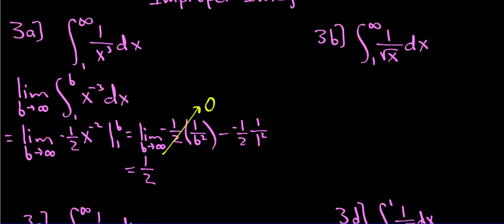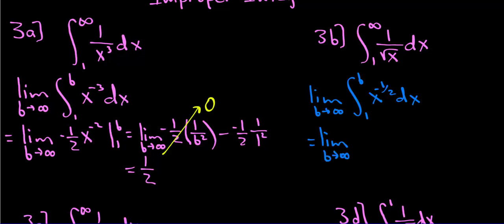Okay, now on this other one, here's what we've got. We've got the limit as b goes to infinity, 1 to b, x to the negative 1/2. And if you get the antiderivative, you've got the limit as b goes to infinity of 2x to the 1/2 from 1 to b.